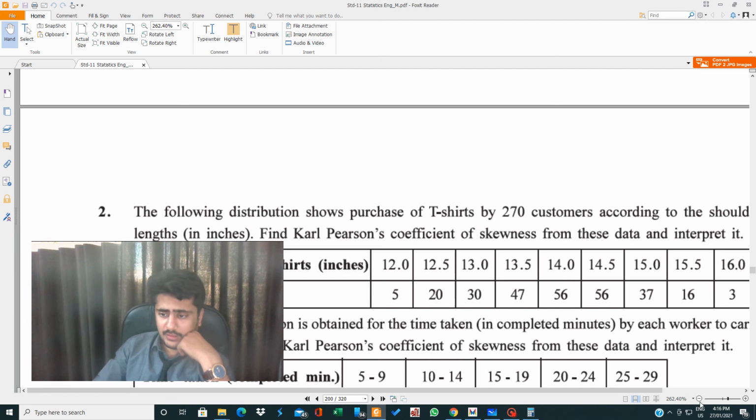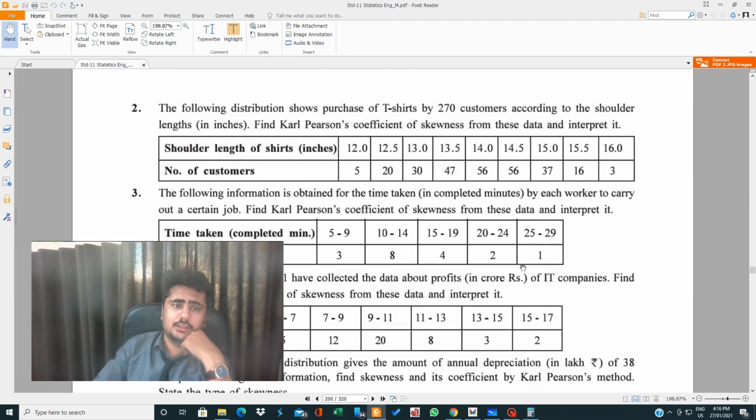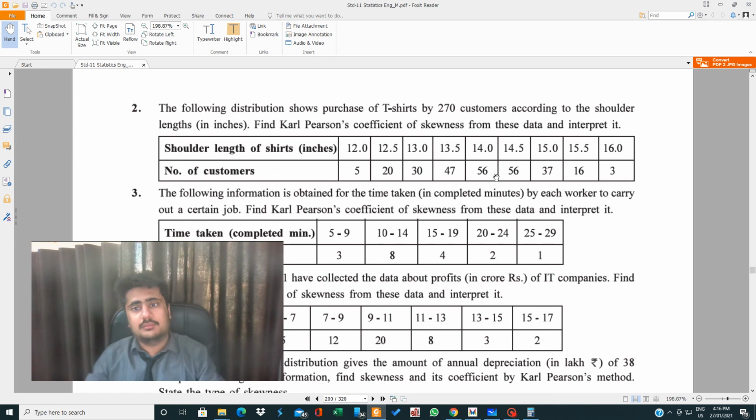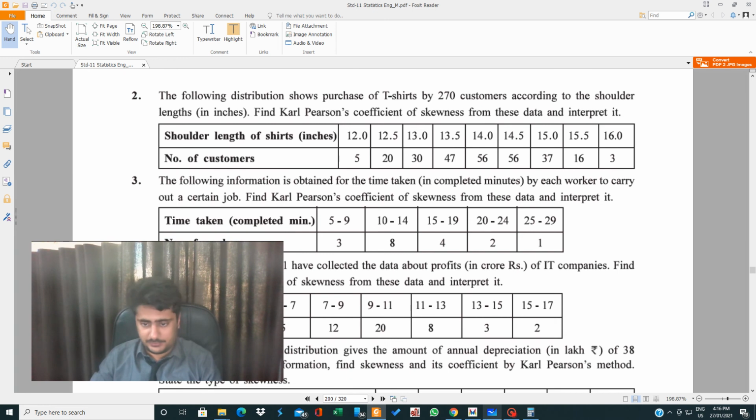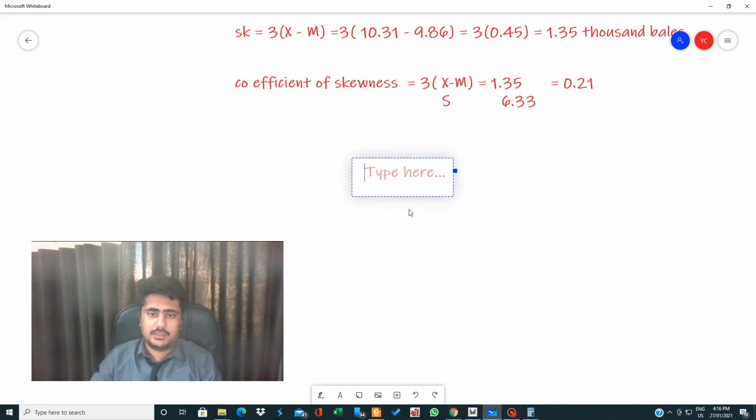Here classes are not there, but you can see that the maximum frequency is repeated, 56 is 2 times. So you cannot find mode. That means mode is ill defined. So you have to find mean, then median, and then standard deviation, and then coefficient of skewness.